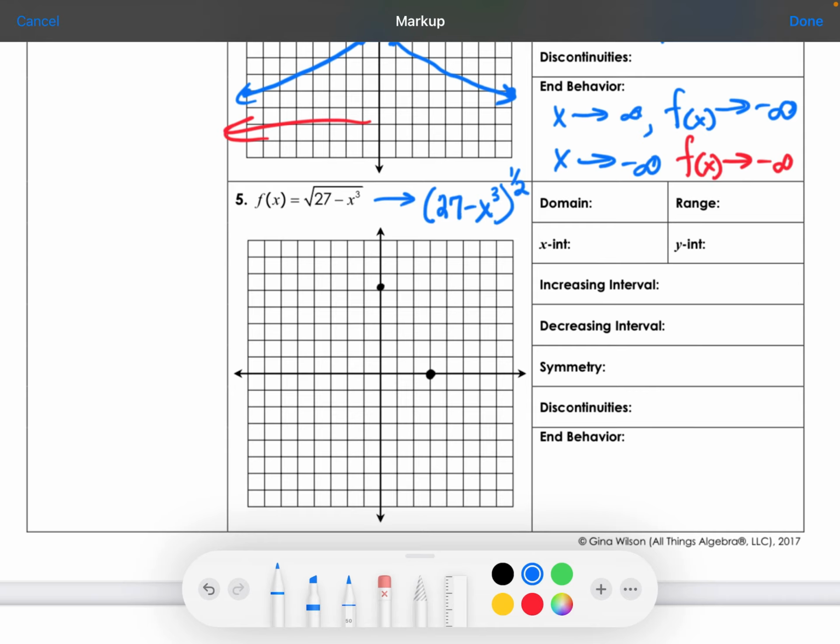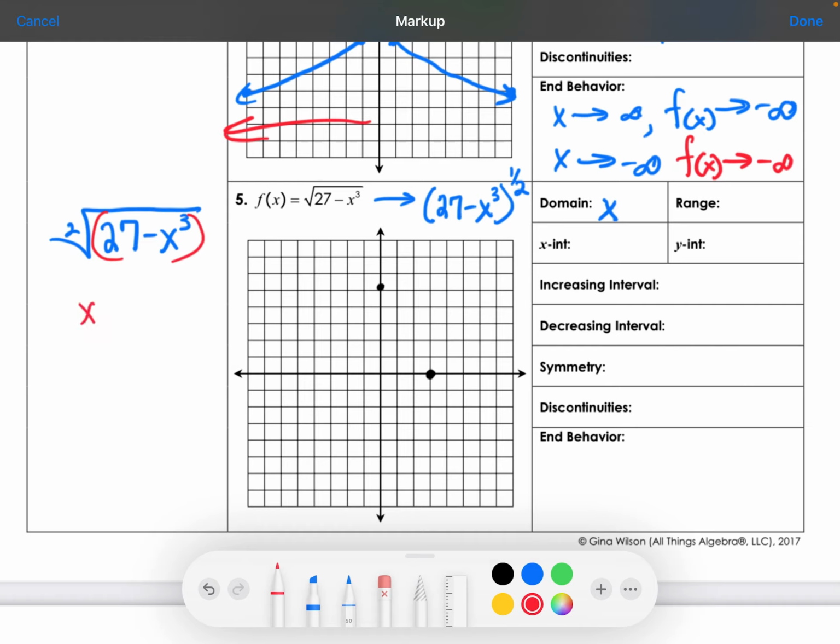Obviously, our domain is going to have to be, well, what is our domain going to have to be? You really need to understand these two pieces because it's an even index. So what's underneath here, this whole thing has to be greater than or equal to 0. Well, what would make this 0?